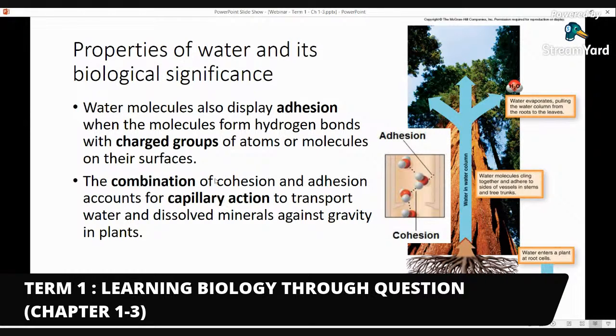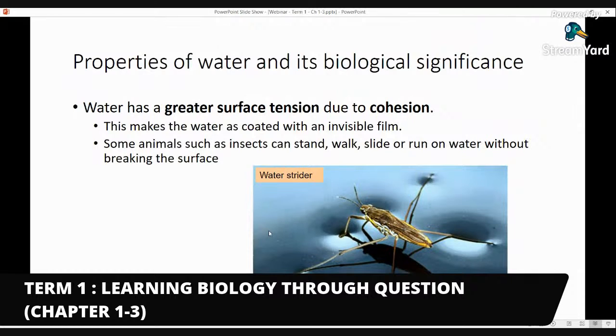The combination of cohesion and adhesion accounts for capillary action, to transport water and dissolved minerals against gravity in plants. Because of transpiration, the transpirational pull will pull the water and dissolved minerals up to the shoot.